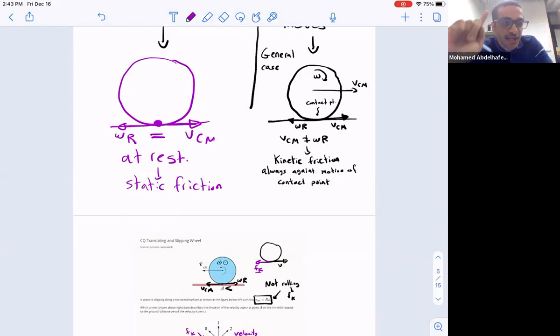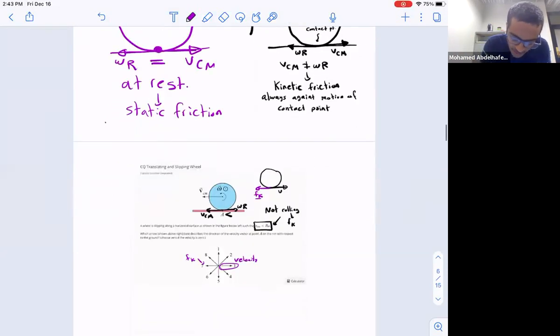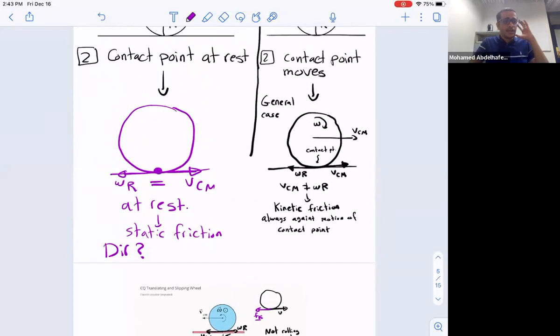Which direction, that's tricky, we're going to come to that. For the direction, let's just put a question mark. But for now, remember this: in rolling without slipping, there is static friction because the contact point is not moving instantaneously. In general motion, like slipping or skidding or whatever the name is, the contact point is moving, so there is kinetic friction against that.